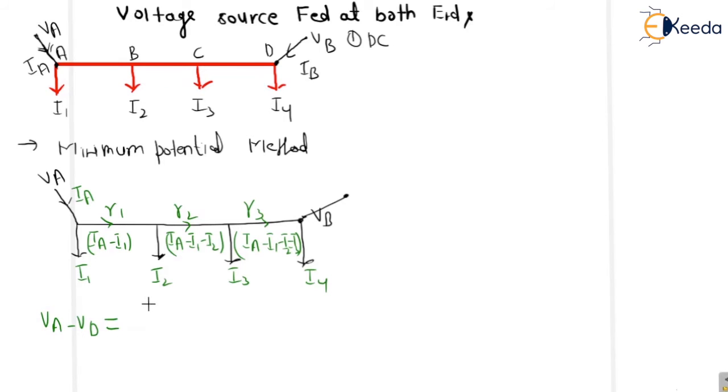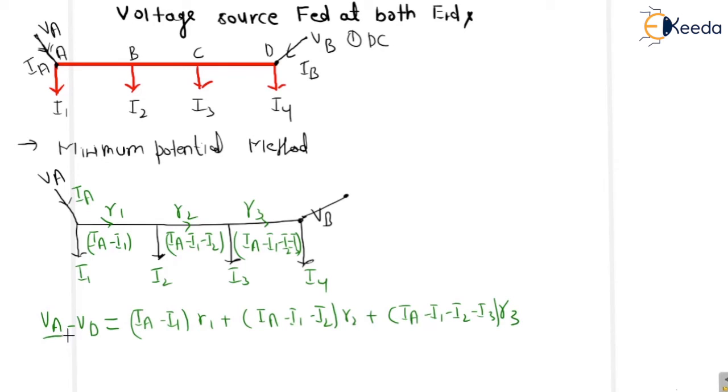VA minus VD is equal to all the drops: (IA minus I1) into R1, plus (IA minus I1 minus I2) into R2, plus (IA minus I1 minus I2 minus I3) into R3. If VA and VD are given, we can find the IA value from here because all the other values will be given.